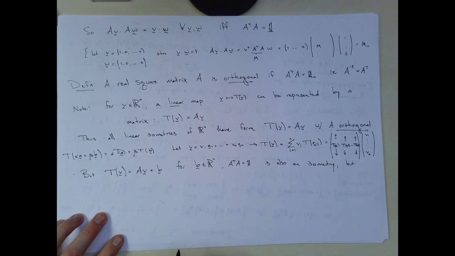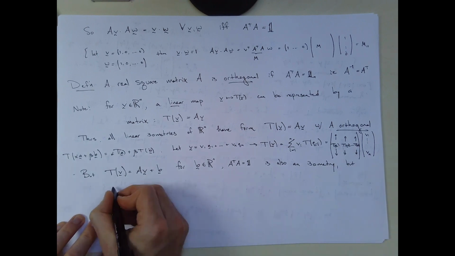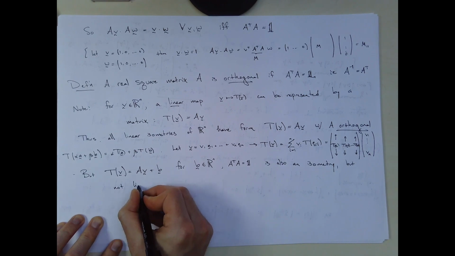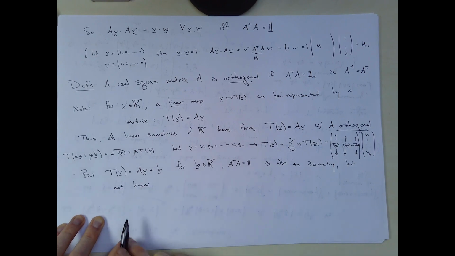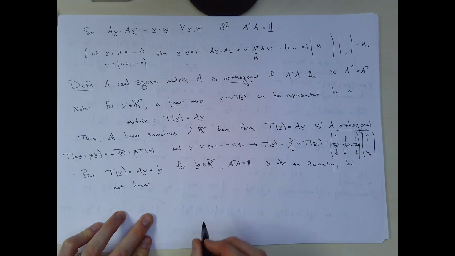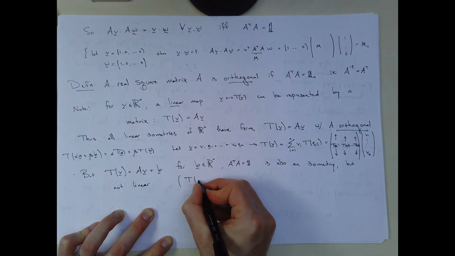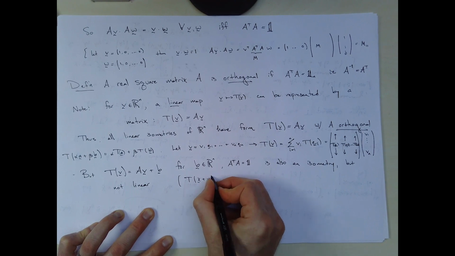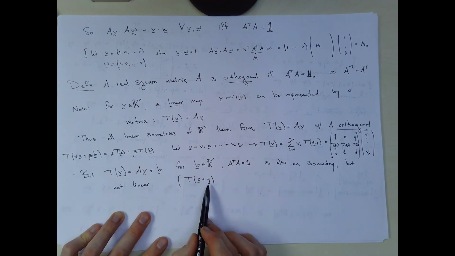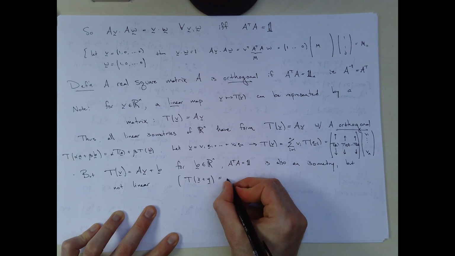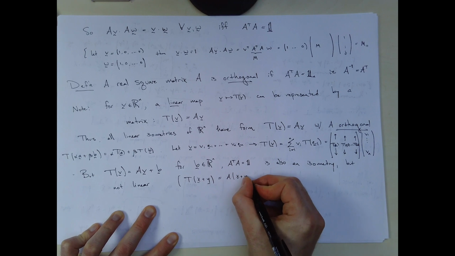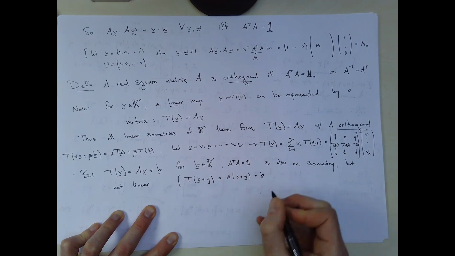But this is not linear. The fact that this is not linear is evident from applying this definition of linearity. T of a sum, say x plus y, is A times x plus y, plus b.